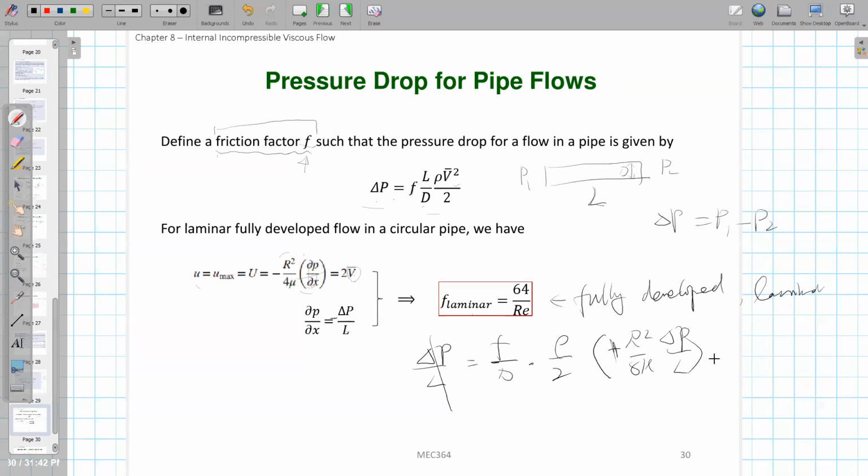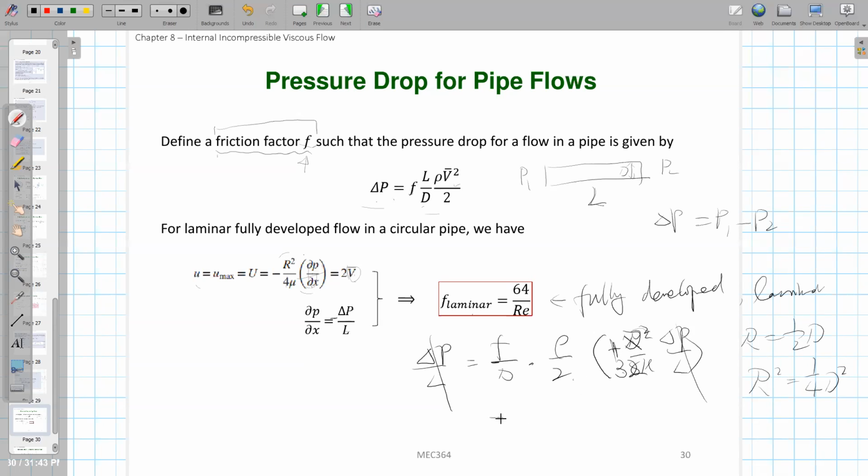So this one is cancelled. And R squared, because R is one half of D, R squared will be one quarter D squared. So you change this R squared to D squared, and here it will become 32, and 2 times 32 will be 64.